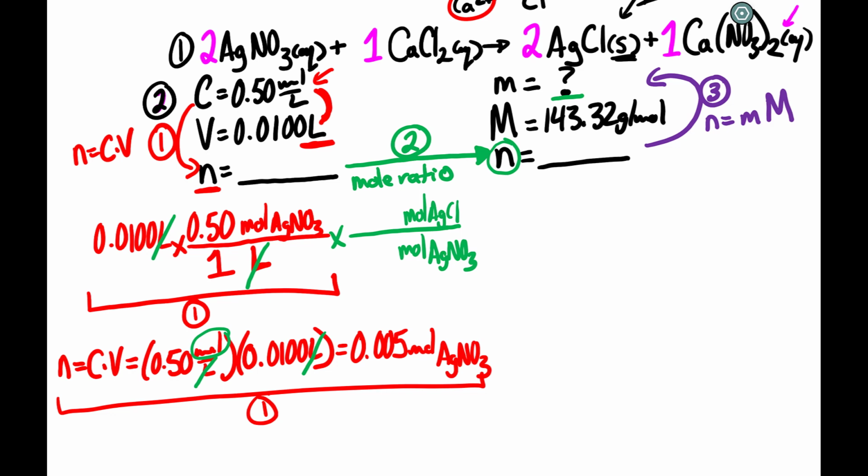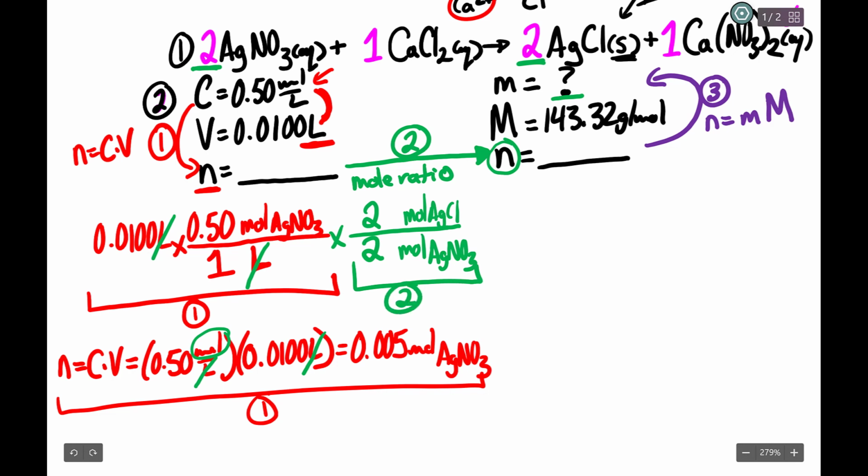It has to go to the bottom. Now the numbers that go in these two spots are the coefficients. So I have 2 moles of silver nitrate, that's 2. And I have 2 moles of silver chloride, that's 2. So these actually cancel out, but they most definitely aren't always the same number. It could be 3 and 2, 5 and 8. It could be all types of different things. So this is step number 2.